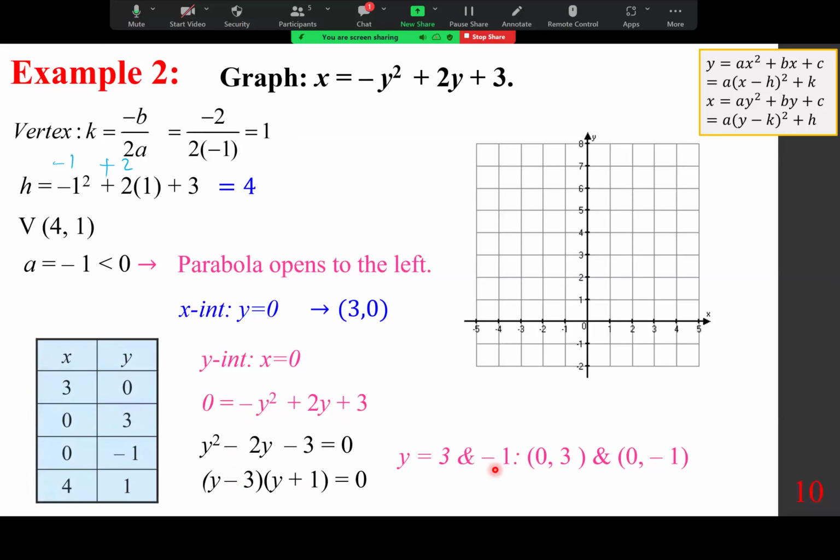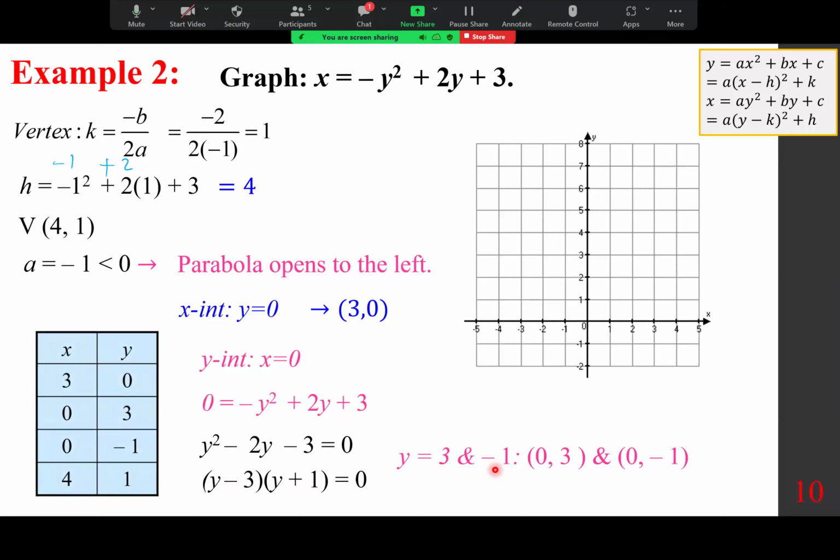The summary table, we have the following: (3, 0), (0, 3), (0, -1), (4, 1). We have all of the above, and we start with the vertex. The vertex is located at (4, 1).